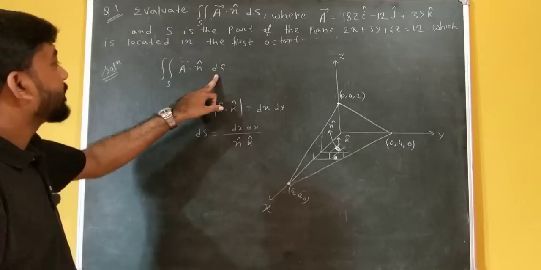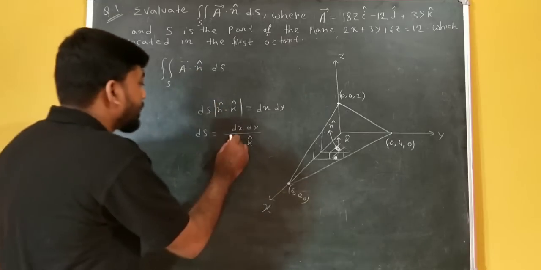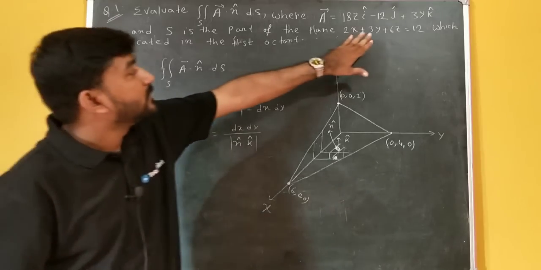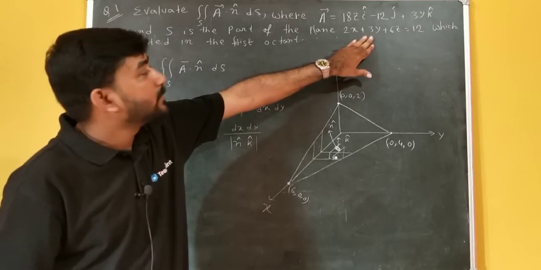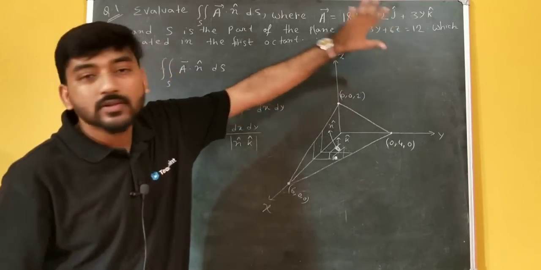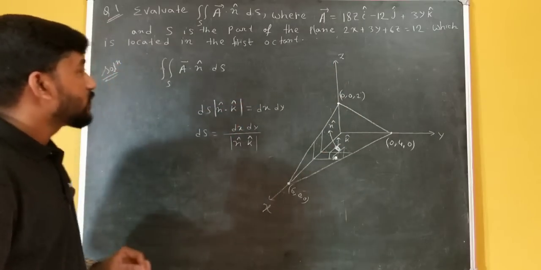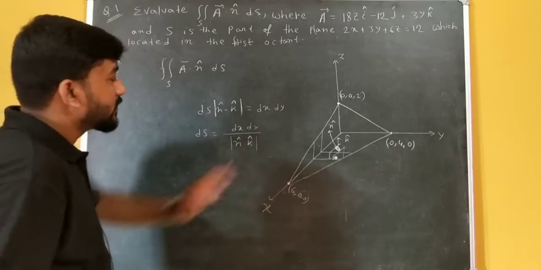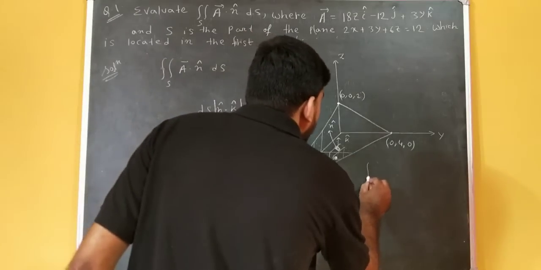Now what is n cap? Let me find out n cap. To find n cap, we take 2x plus 3y plus 6z is equal to 12 as the equation of the surface. Let me write these things on this side so that we can use them later on.